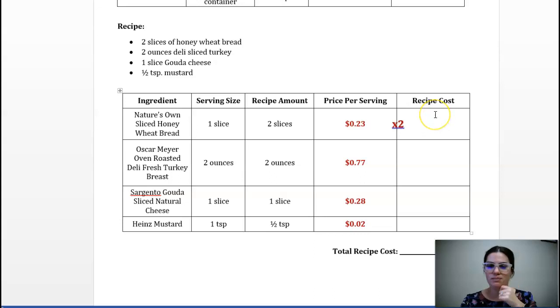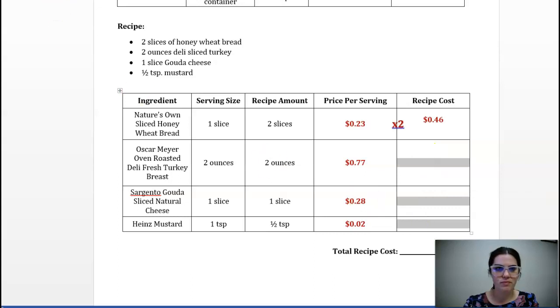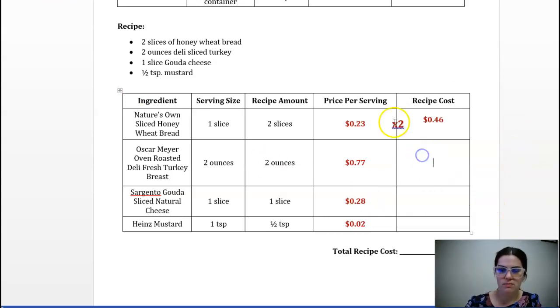Our recipe cost estimate would then be 46 cents, because we did 23 cents by 2, our factor, because we're using double the serving size in our recipe. If you didn't get that, rewind and start that over to make sure that makes sense.